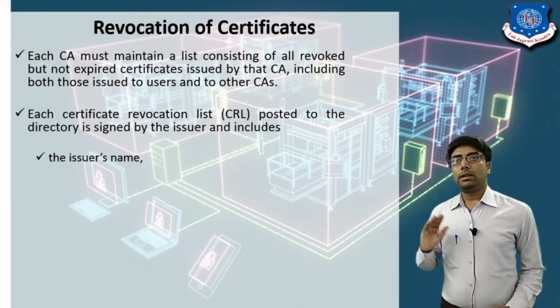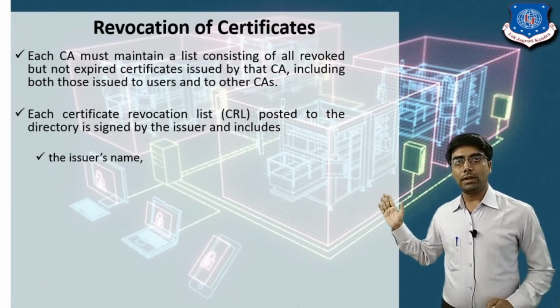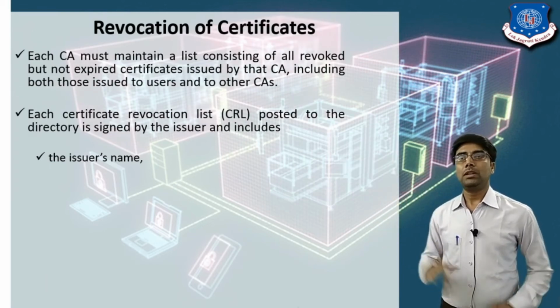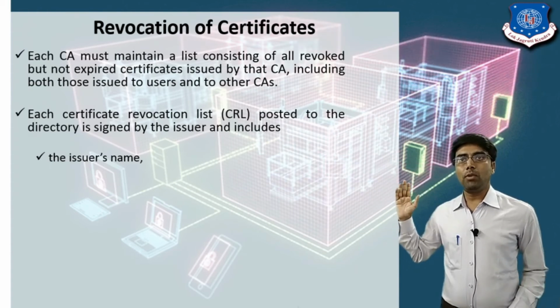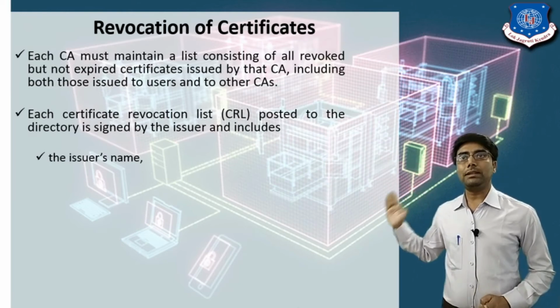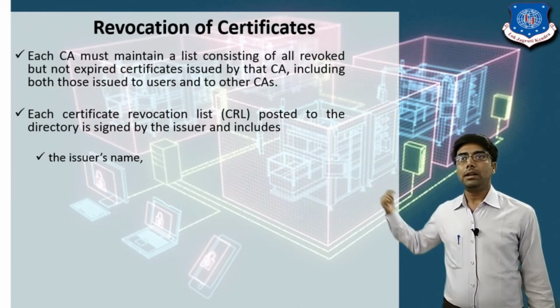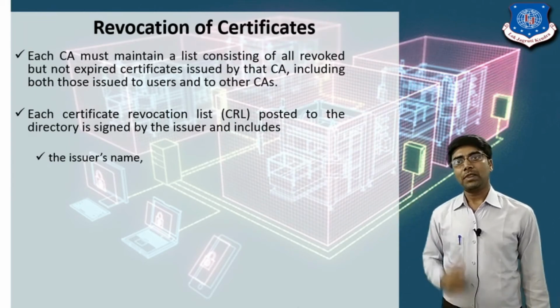In an X.509 certificate we have included some fields. With the same concept, the revocation of the certificate also maintains a list, and this list is called the certificate revocation list. In this list it includes the issuer name.